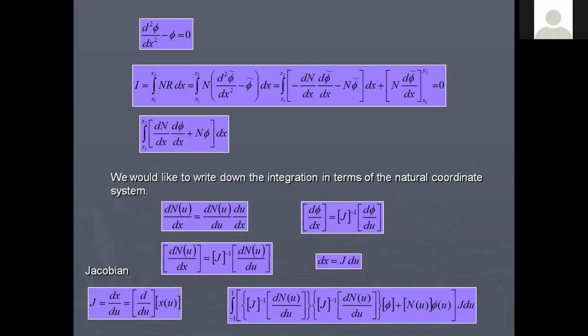Ma'am, we are ignoring that n dφ/dx at x1 and x2 for the moment. Yes, for the moment. I'll come back to it later. That's not an integration. Those are some constants, right? Yes, ma'am. Any guesses why I'm ignoring them?